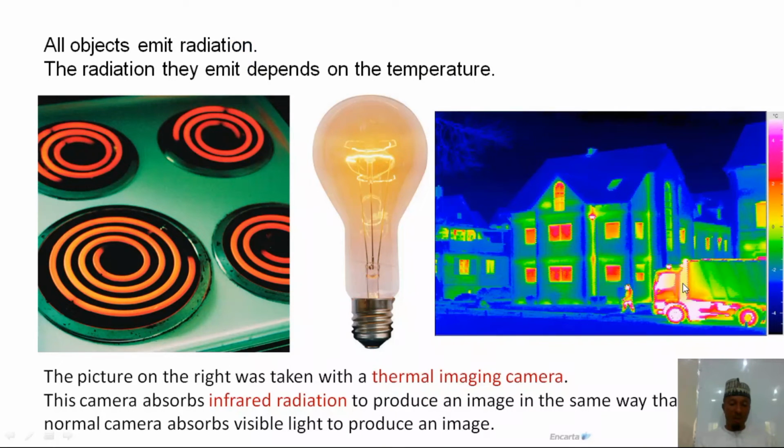The thermal imaging will show us where we have more of the radiation or infrared wave coming out from, and where we have less of the radiation. Like in this case here, we have more of the radiation this side. The glass region here of this truck, we have less of the radiation, and in the sky here.